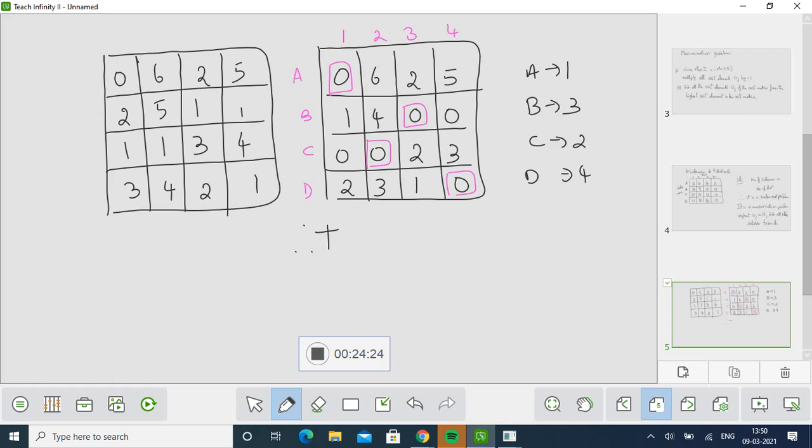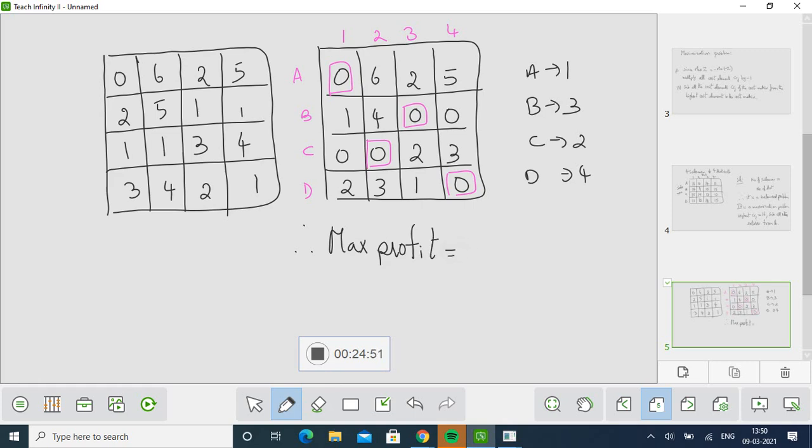Therefore, the total minimum or maximum, yeah? What should I write? I should not use the word total. Rather, I should write maximum profit equal to.